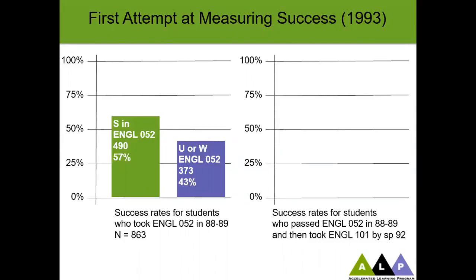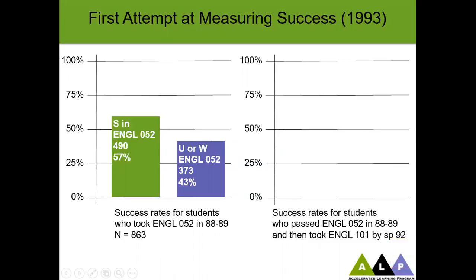Now, of those that passed, they didn't all pass it on their first attempt. Many of them took 2 and even 3 attempts before they passed the course. But within the next 4 years, 57% passed the developmental writing course. Of course, we also wanted to know, of those students who passed the developmental writing course, how did they do in English 101, the first year composition course.